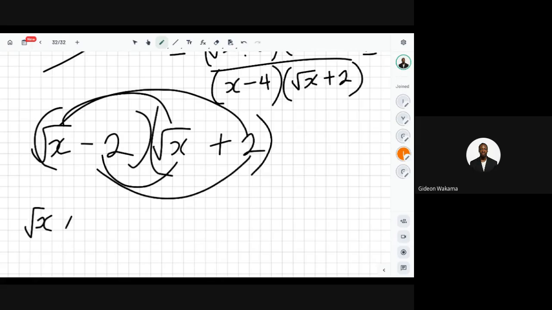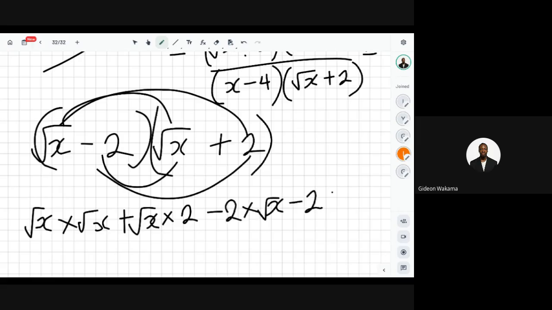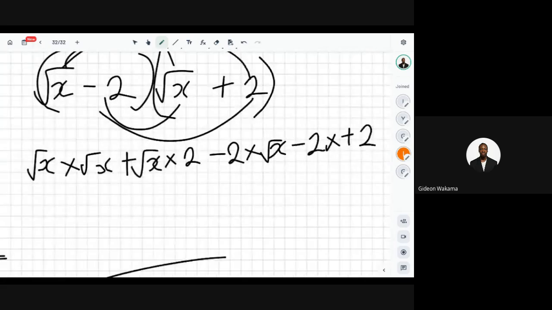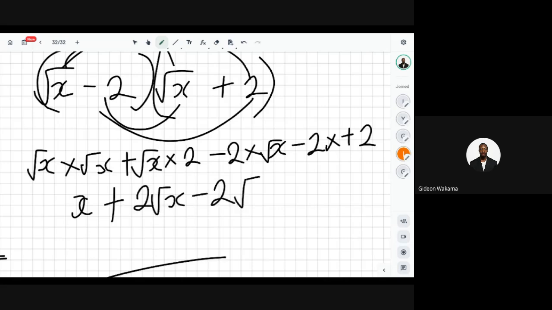So root x times root x is x, plus 2 root x minus 2 root x, which cancels out.